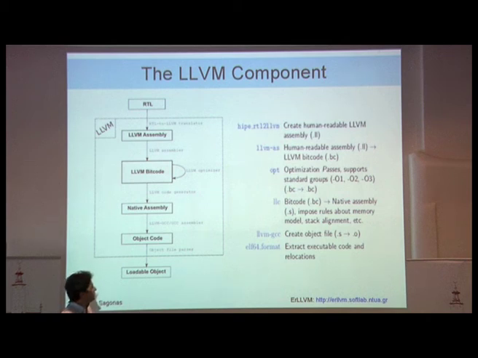And this then gets translated to ELF64 format that then gets translated into a loadable object and gets loaded into the runtime system in the normal way that code gets loaded in Erlang.